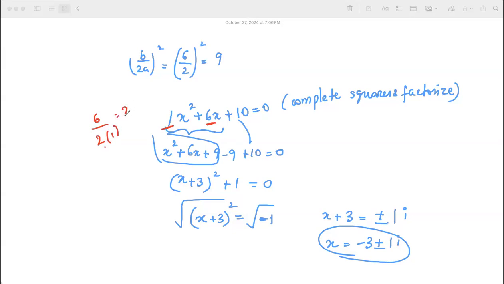So 6 by 2 is 3. You have to square that and add and subtract. It's like adding a 0, right? Then you regroup only this into a square term. a square plus 2ab plus b square becomes a plus b the whole square. And then you condense these two into plus 1. Making sense? Yeah. Okay, now let's see this one.